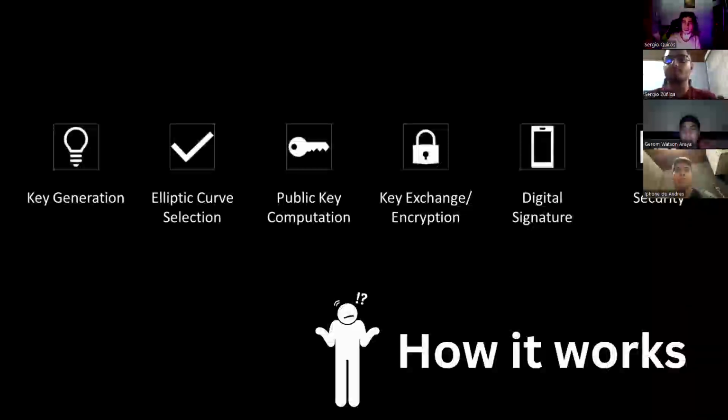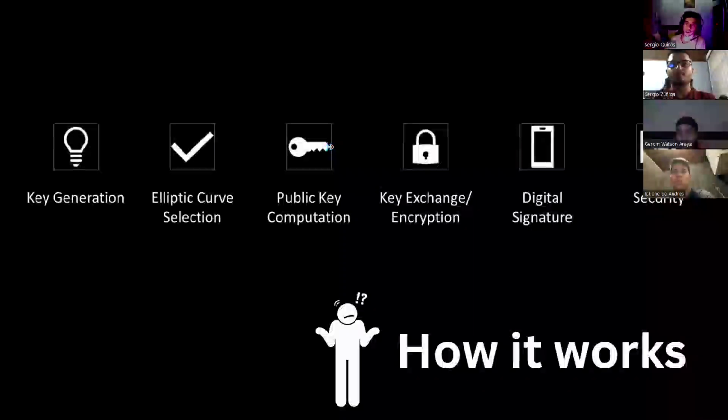The private key is a random scalar from a specific range. Then you have to select the elliptic curve chosen for cryptographic operations. The most commonly used include those standardized by organizations such as NIST, and the curve parameters, such as the curve equation and the base point, are public and shared.